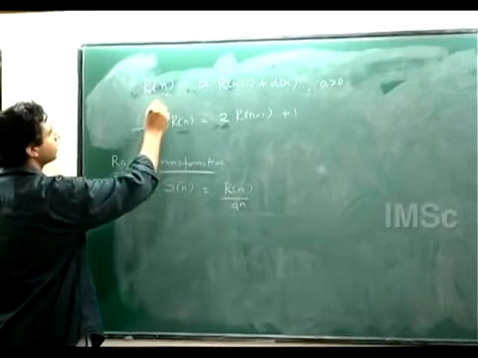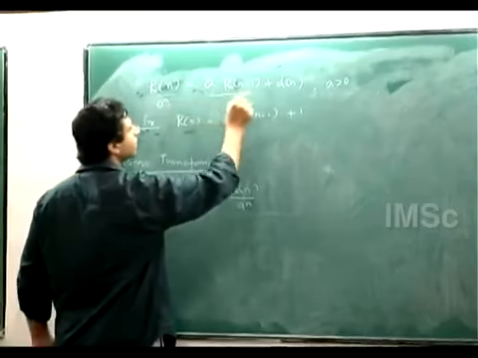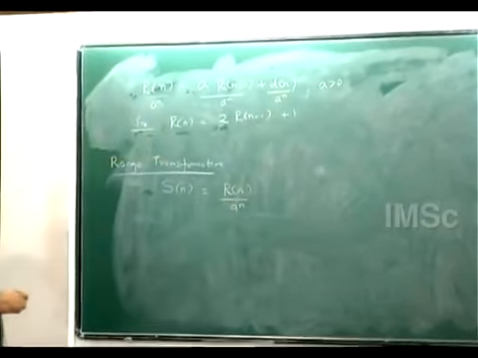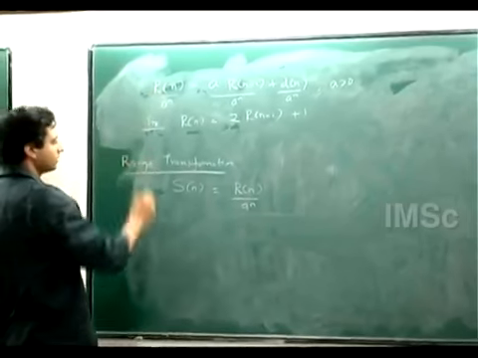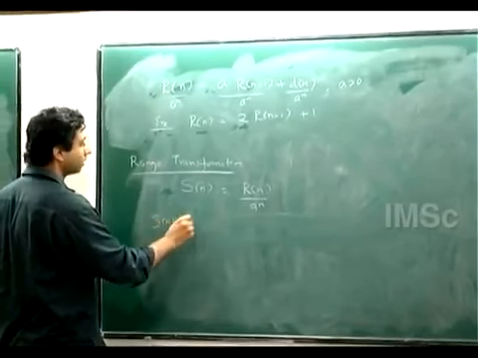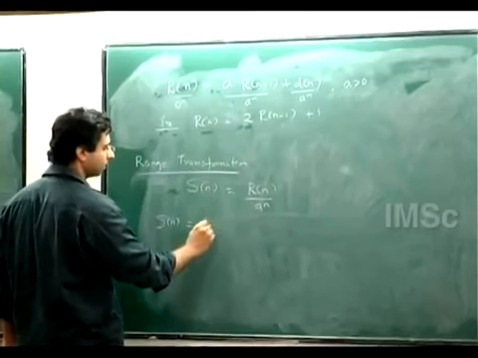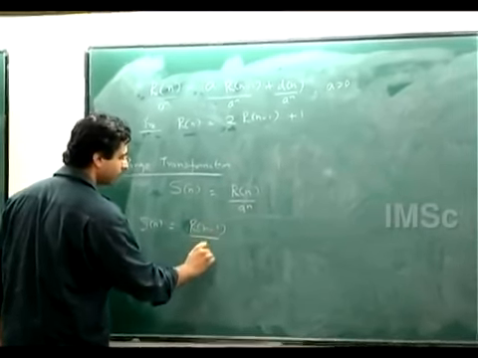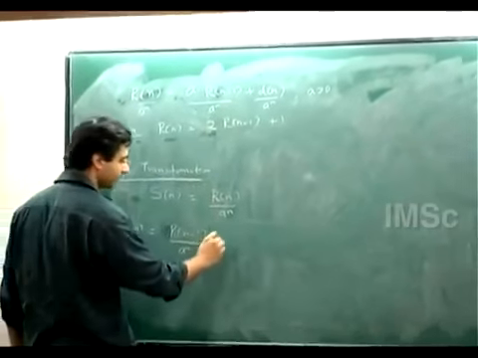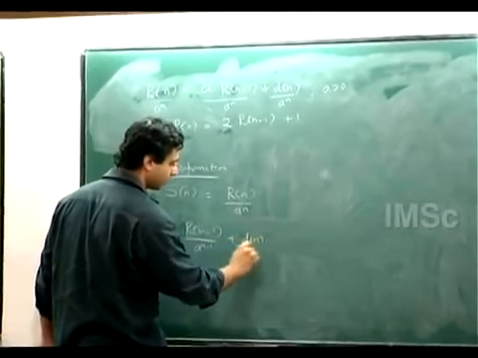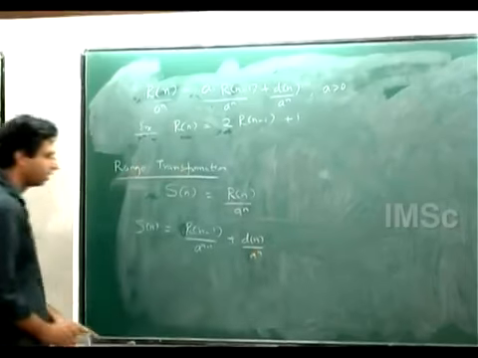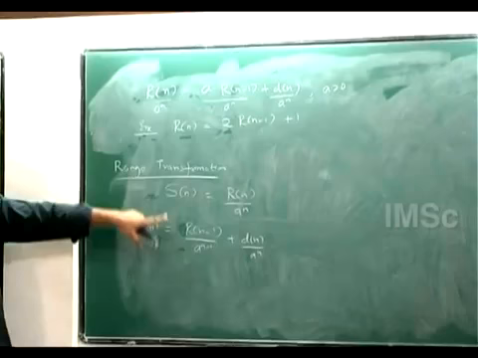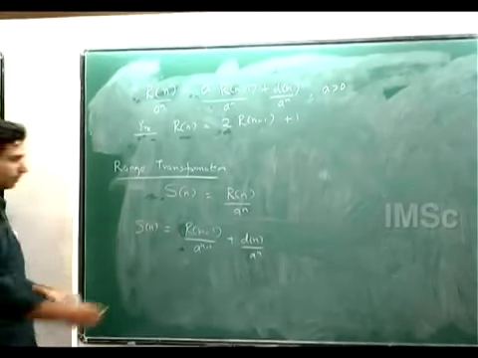What I have done is I have divided both sides by a raised to n. What I get, this is S of n, this is R of n minus 1 upon a raised to n minus 1, and that is just the driving function. But what is this term? That is just S of n minus 1 by definition.